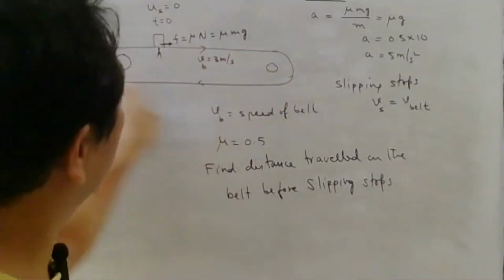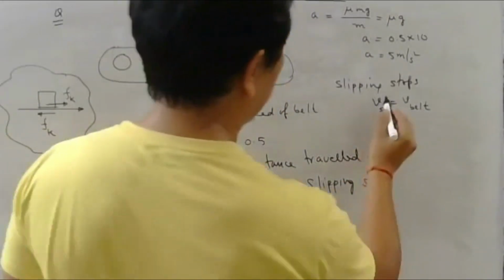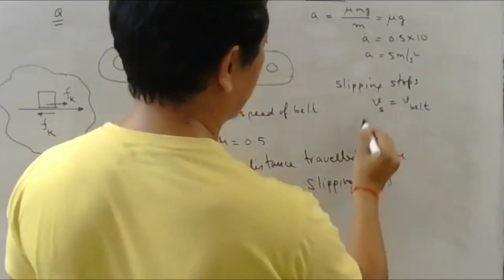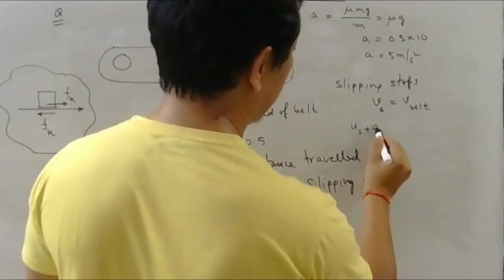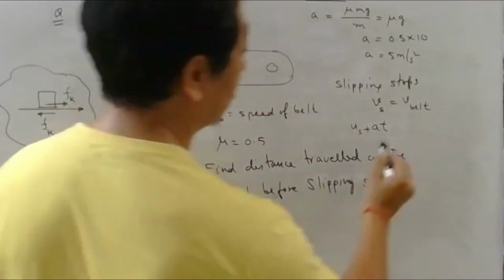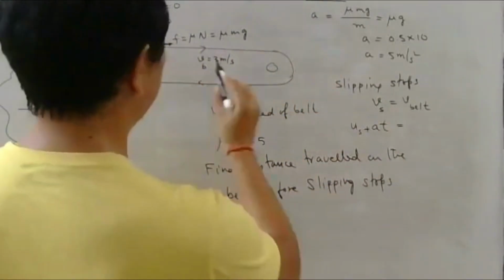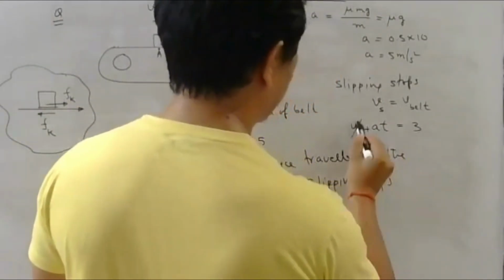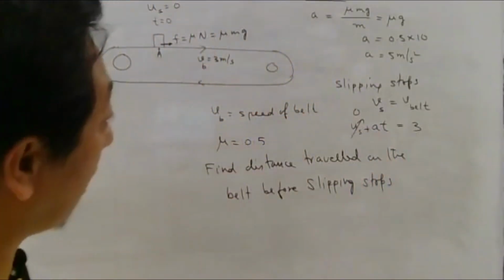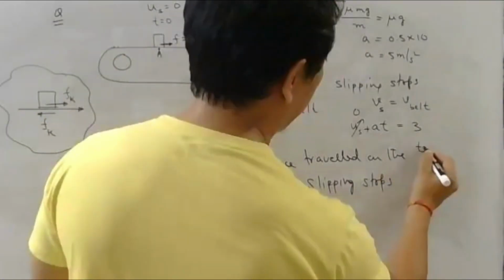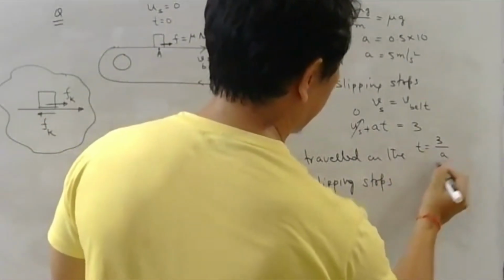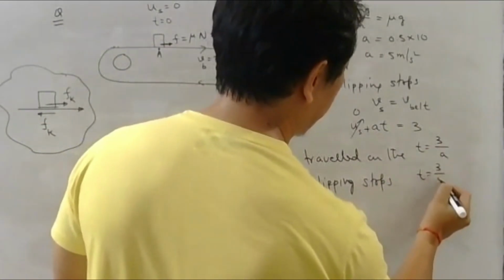Now, what is the formula for final velocity of suitcase? Initial velocity plus acceleration into time. Velocity of belt is 3. Initially, the suitcase has no velocity. So, after what time? 3 by a, which is 3 by 5.